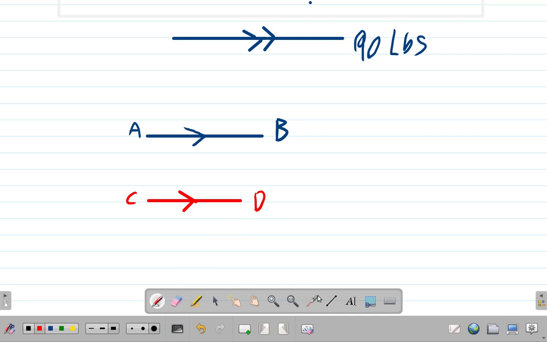When you add them together, what you get is this. Vector AB will look like this.